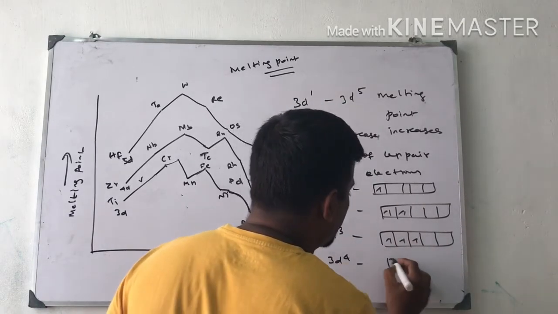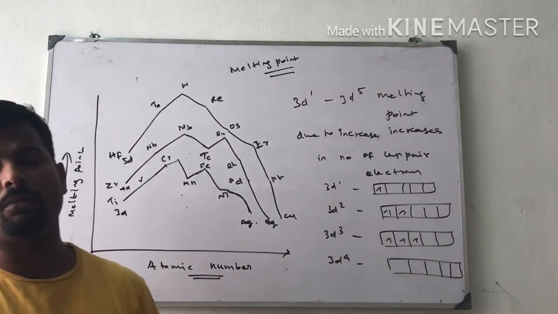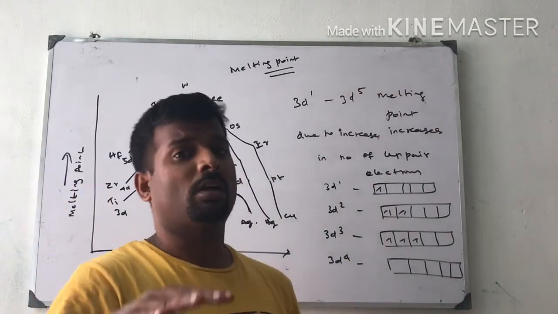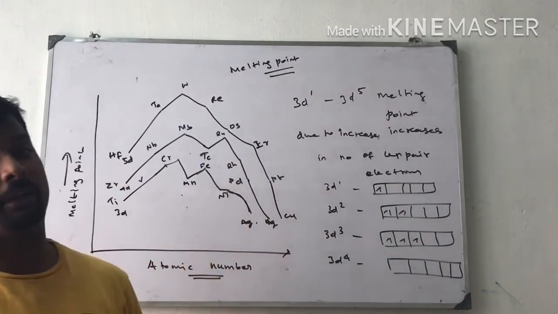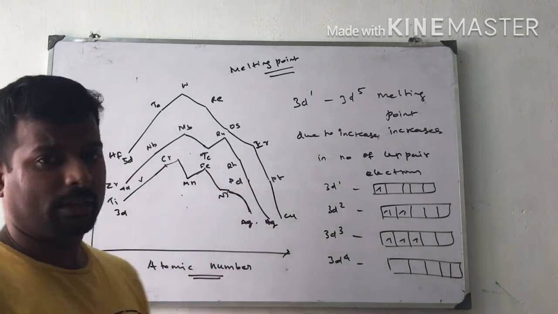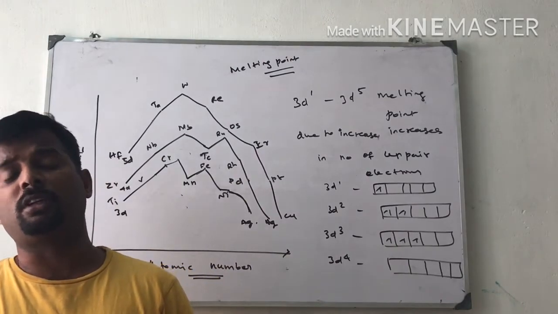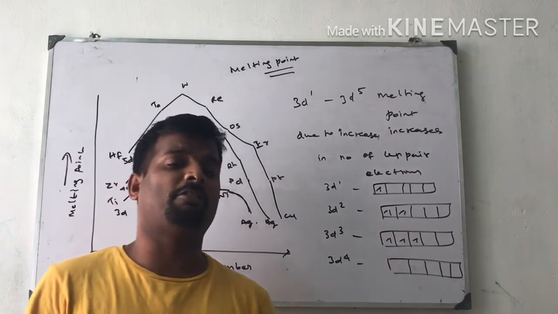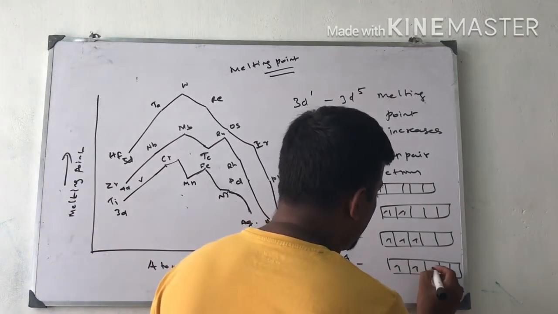3d4, 4 electrons. So the number of unpaired electrons present in the (n-1)d and ns orbitals means these electrons involved in the metallic bond make it stronger. If the unpaired electrons pair up, the metallic bond is weaker because they pair with each other and will not be involved in metallic bonding.